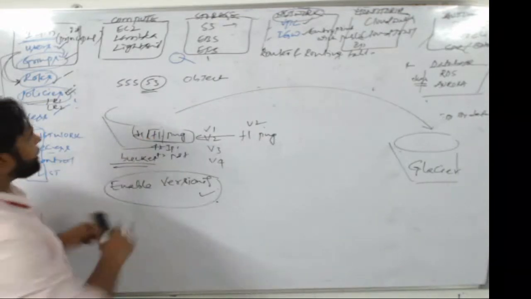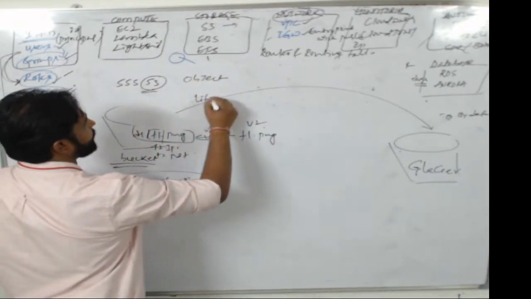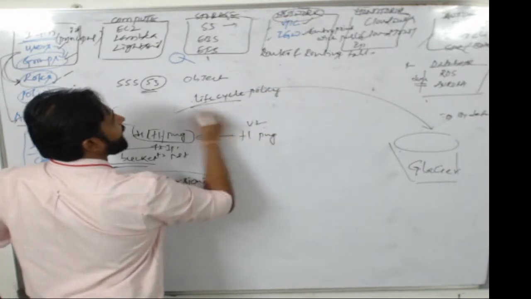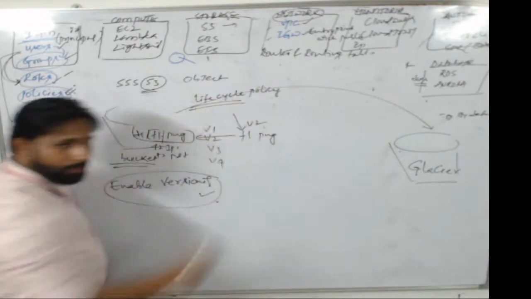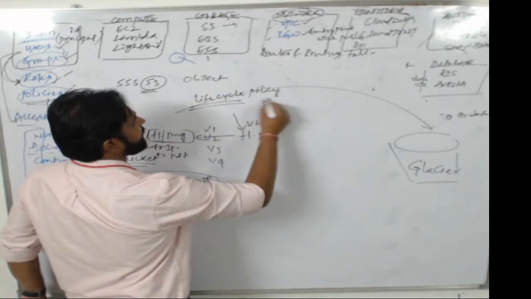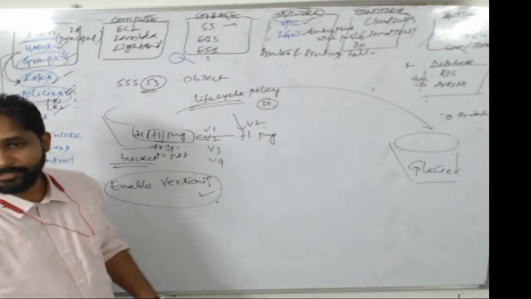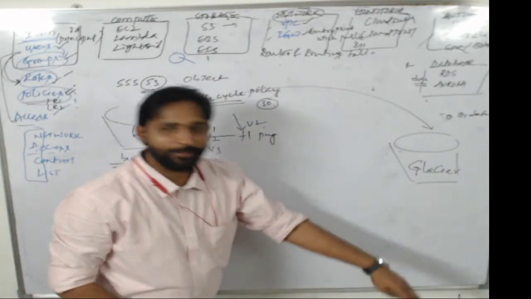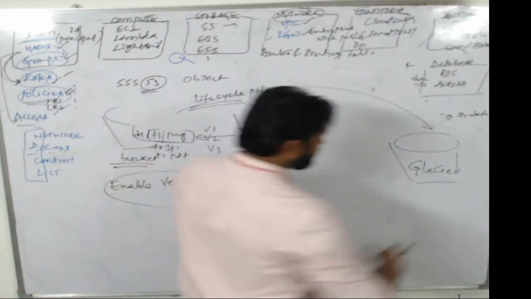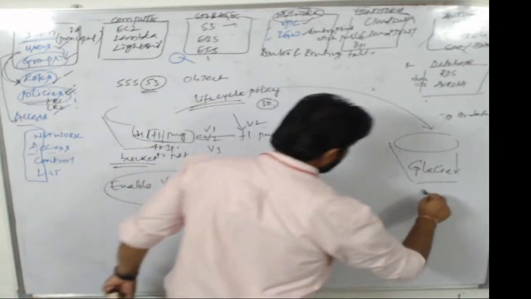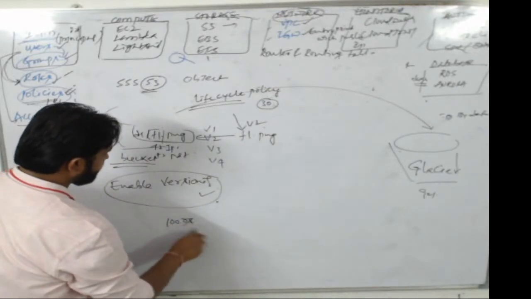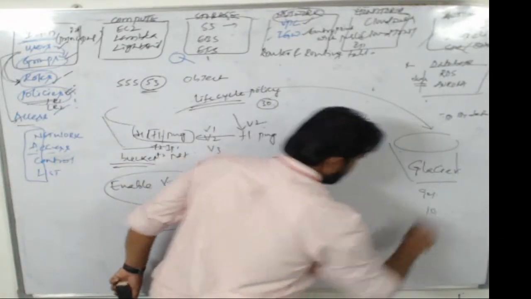So you can set up a policy, or what we call a life cycle policy, the life cycle of the object. You're saying after 30 days, if I don't open the object, move it to Glacier. Now this is usually 90% cheaper, which means if this is 100 rupees per GB, this is 10 rupees.